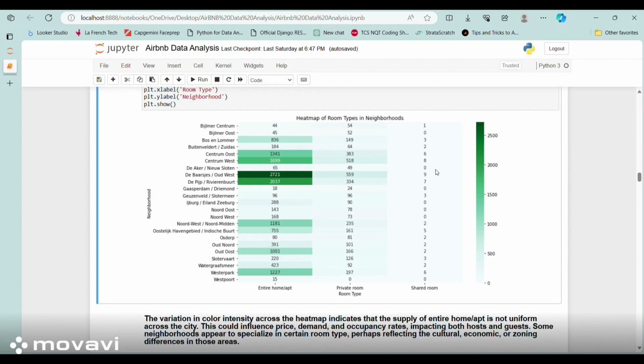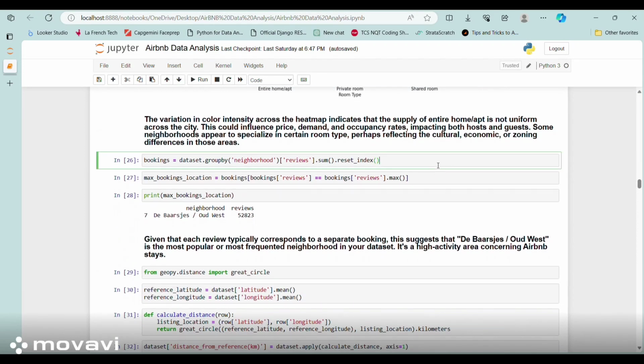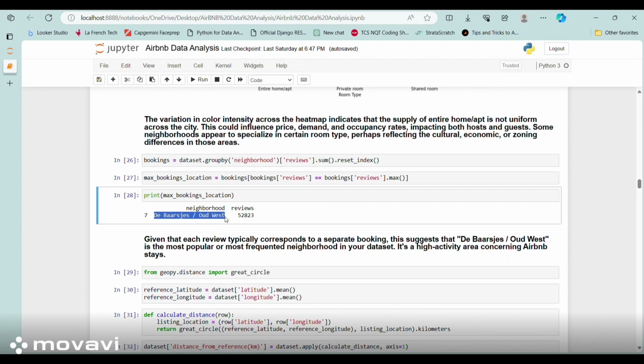One of the key metrics we have examined is the total number of reviews for each neighborhood. Reviews are a valuable source of information for both travelers and hosts. They reflect the experiences and satisfaction levels of guests in a specific neighborhood. After analyzing the data, we have discovered that this particular neighborhood stands out with the highest number of reviews.